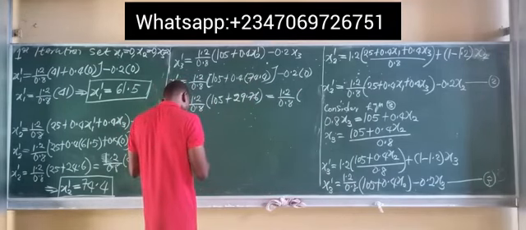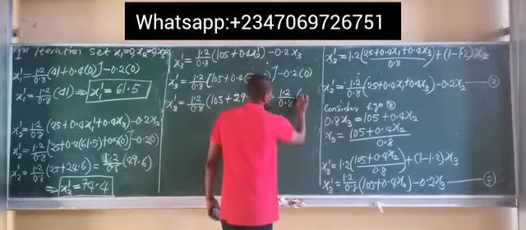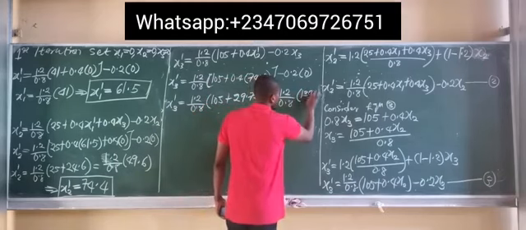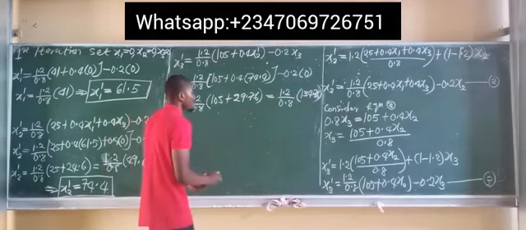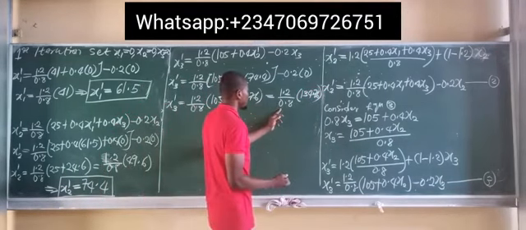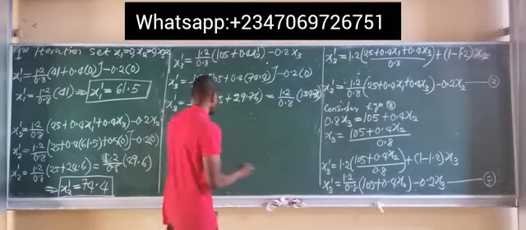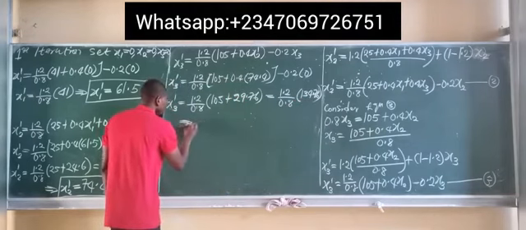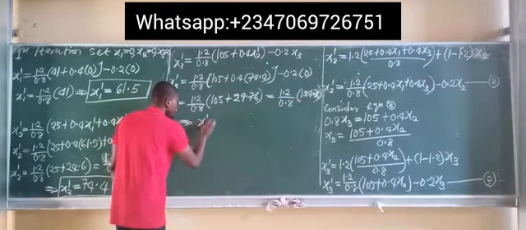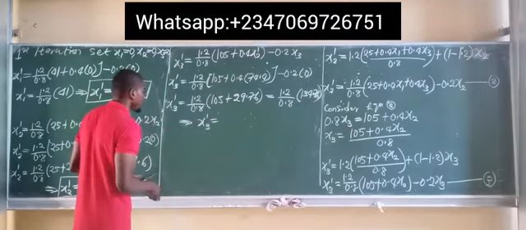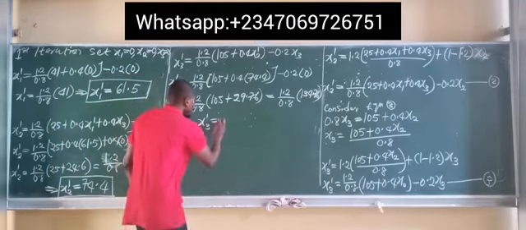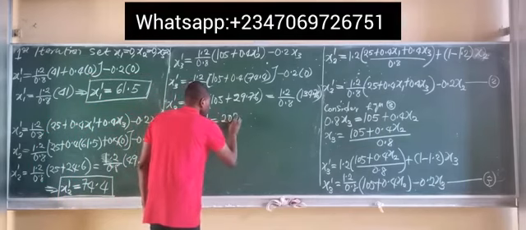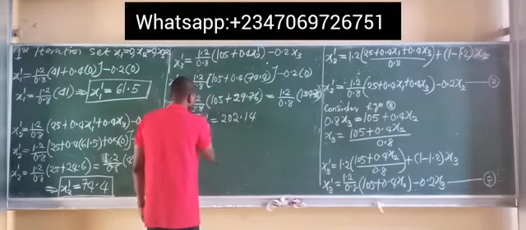If we evaluate this, we simply have 1.2 all over 0.8 multiplied by 29.76 plus 105, which gives us 134.76. So we evaluate 1.2 divided by 0.8 multiplied by 134.76. This gives us that the first iteration for variable x3 is 202.14.